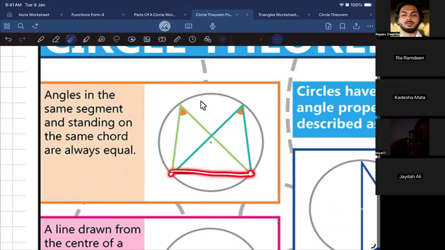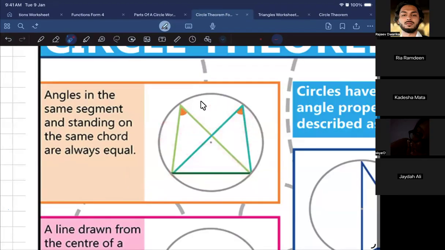A chord, right? Yeah, that's a chord. Now what would I call this entire region over here? A segment. Yeah, that's correct.